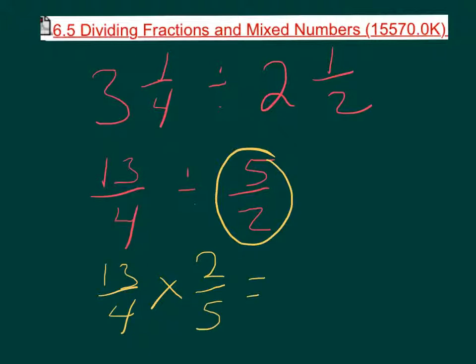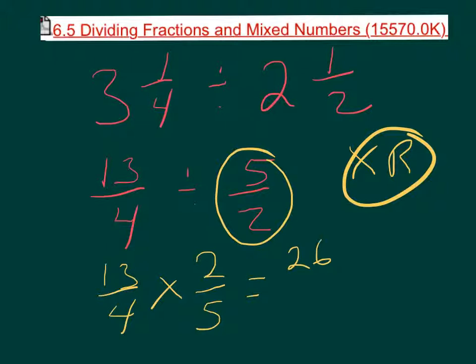That's the rule for all divisions of all fractions, whether they be proper or improper: you multiply by the reciprocal. 13 times 2, 26. 5 times 4 is 20. 20 goes in 26 once, with 6/20ths left over.